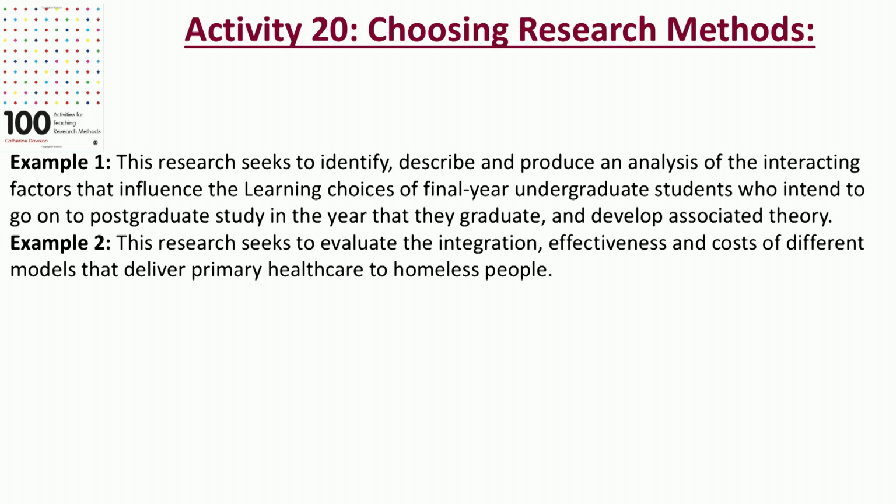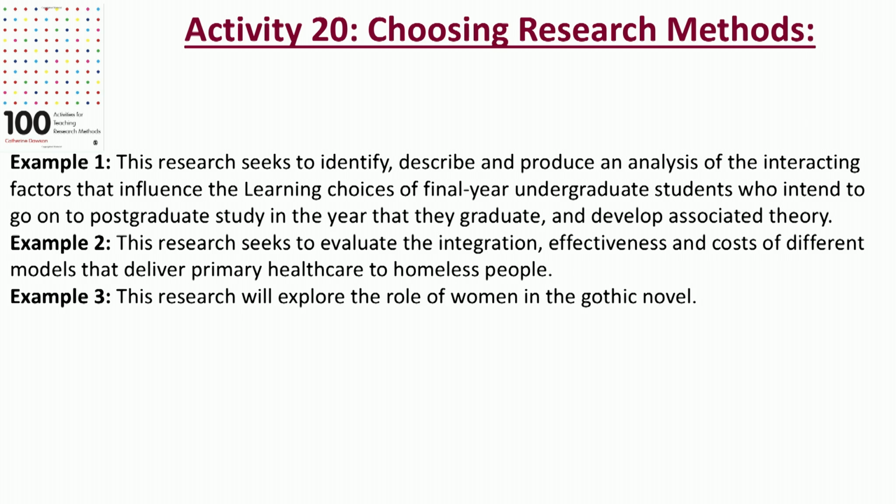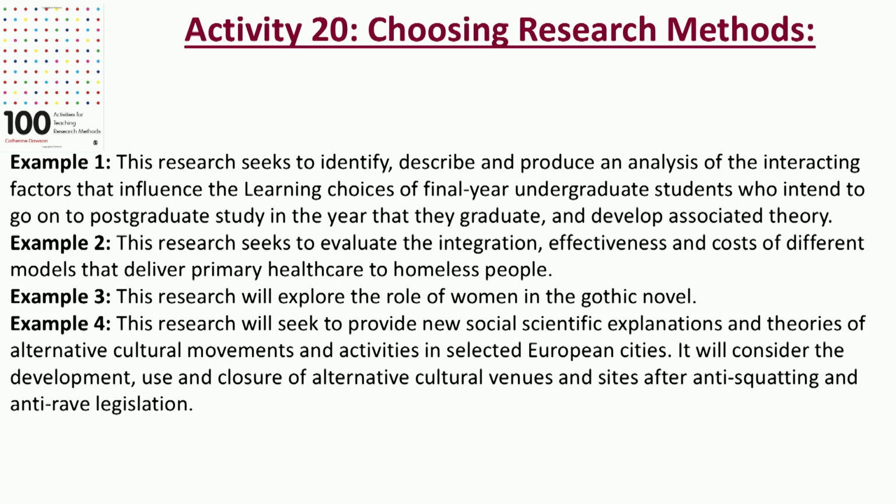This research seeks to evaluate the integration, effectiveness and cost of different models that deliver primary health care to homeless people. And we could go on: explore the role of women in novels. This research will seek to provide new social scientific explanations and theories of alternative cultural movements and activities in European cities.